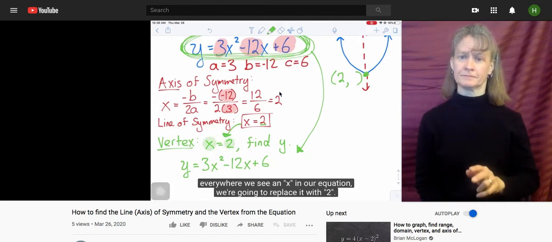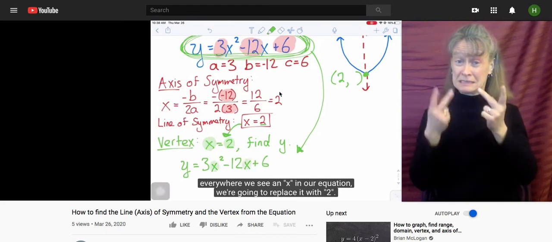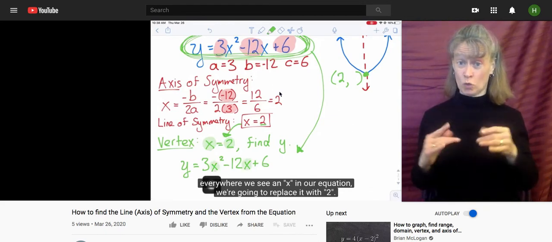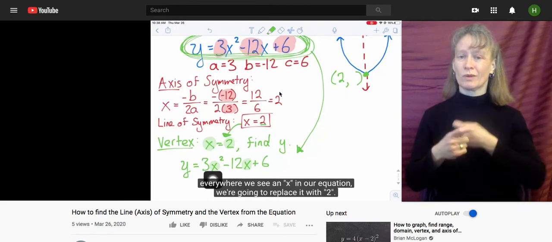So everywhere we see an x in our equation, we're going to replace it with 2.